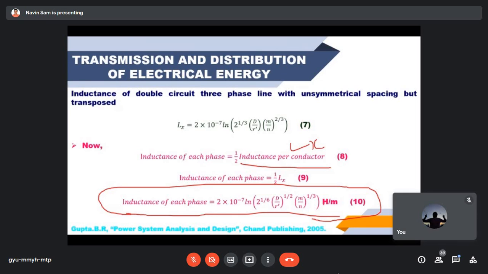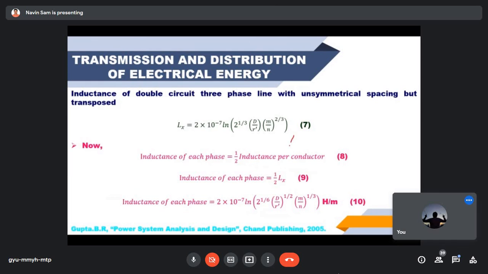You would have learned it. Which one? C equal to Q by? Okay, C equal to Q by V.